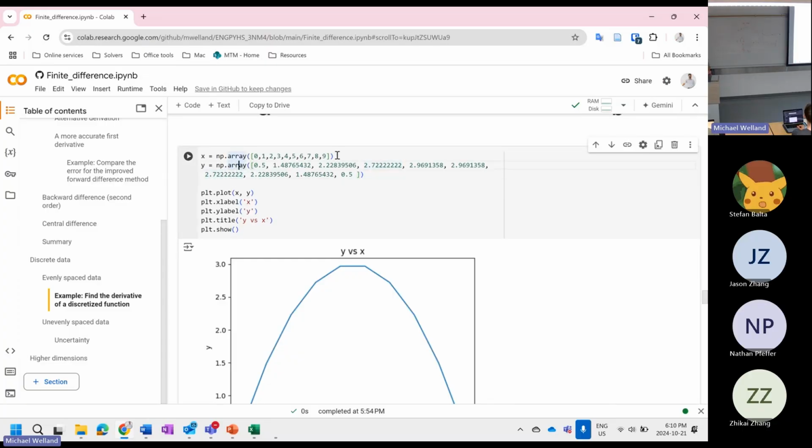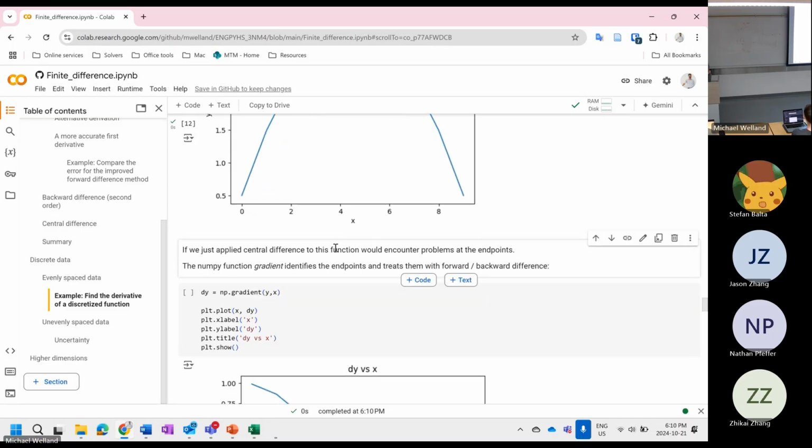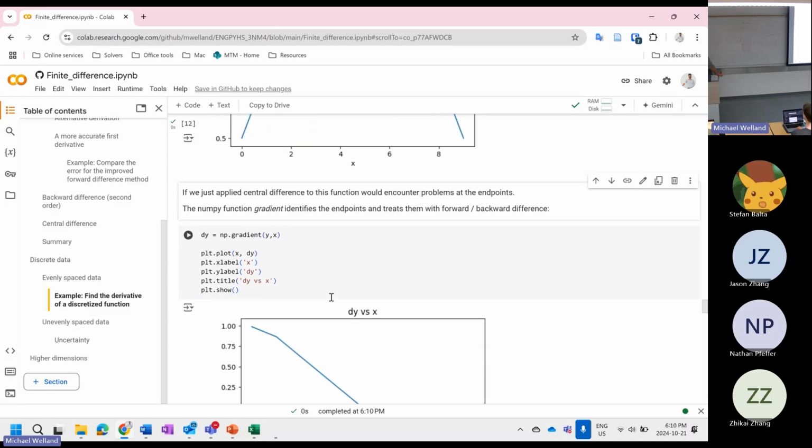This is an example of discrete data. It looks like a parabola. Spoiler alert, it is a parabola, right? That's your x values, that's your y values. If we apply just central difference, we would have problems, but NumPy has this great tool called gradient that identifies the endpoints and treats them with forward and backward difference as required.